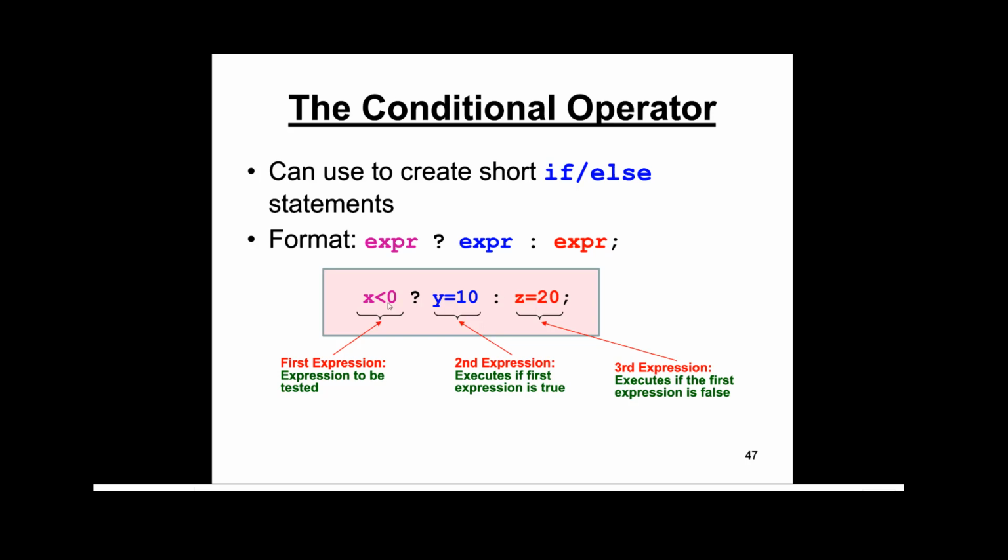It's really a short form for an if-else statement: if x is true, y equals 10, else z equals 20. But you need to be careful of the operators, the question mark, the colon, and the semicolon at the end. It's really short because now you just have one statement.